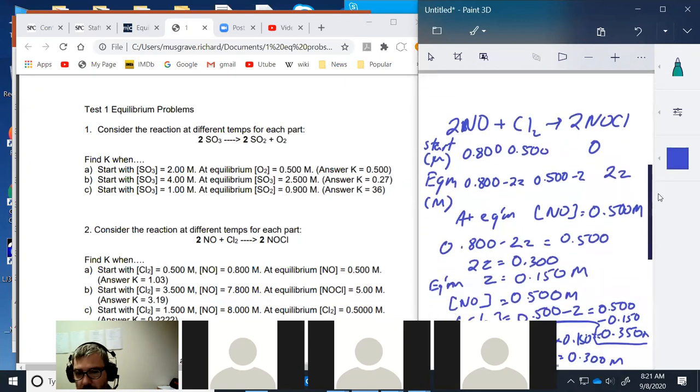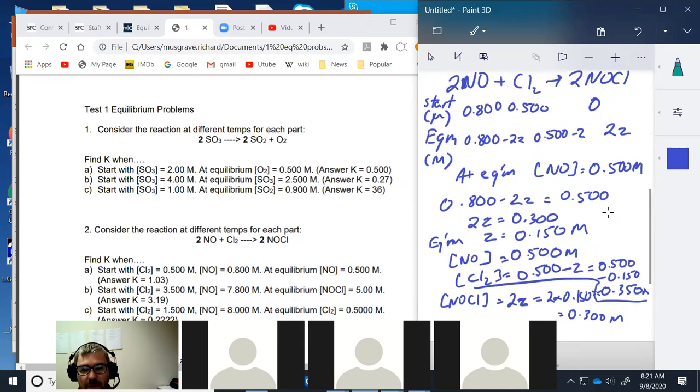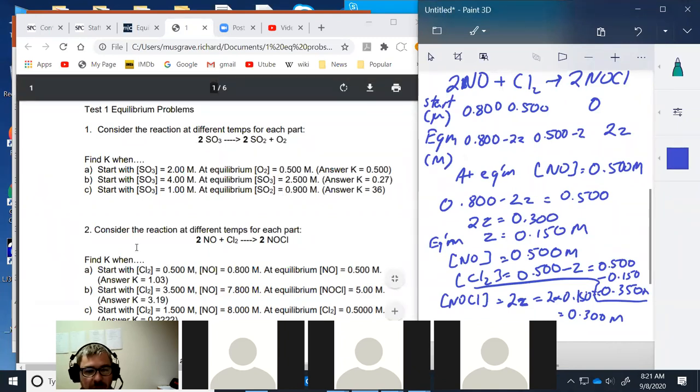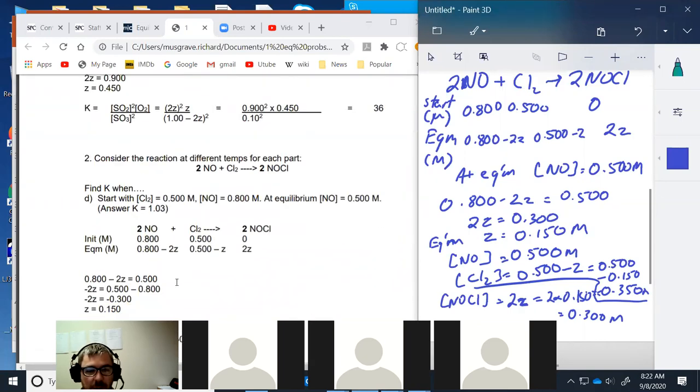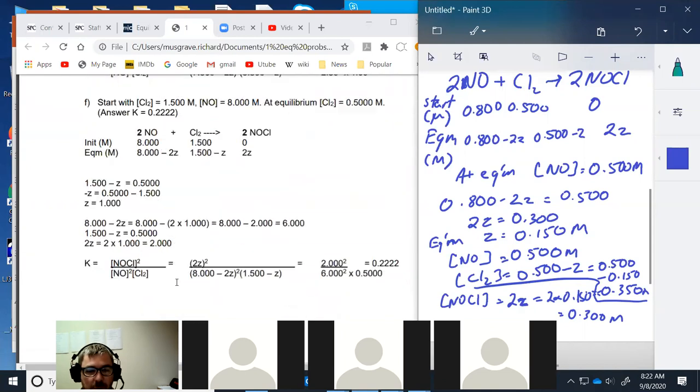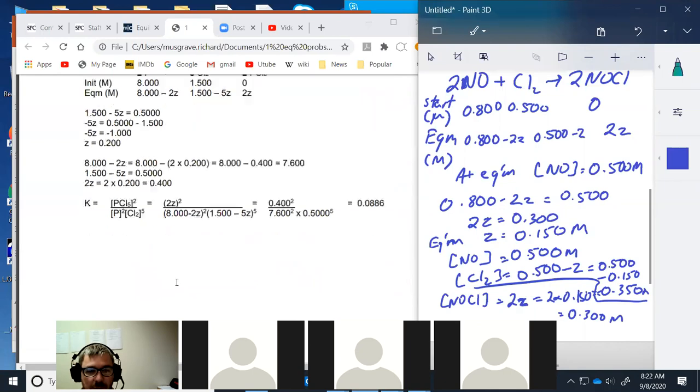All right. Anybody got any questions? After that, you'd sub that into the equilibrium constant equation, and you'd end up getting the answer that we have here. The final answers are all given. Also, if you look down here, all of these are worked problems as well, every last one of them, right down to the significant figures.